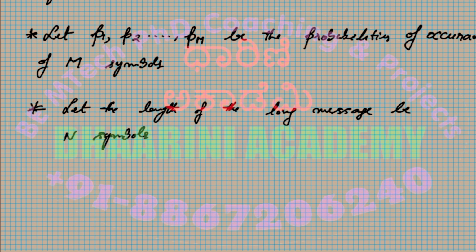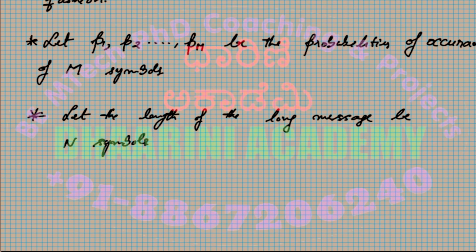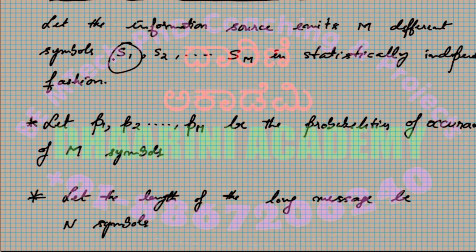So in such a case, out of N symbols, how many first symbols will occur? That is my point. S1 is a message symbol, P1 is its probability. Say it is something like A, and the probability of A could be 1 by 2. If out of the symbols you receive, capital N equals 10, how many A's are you going to receive?